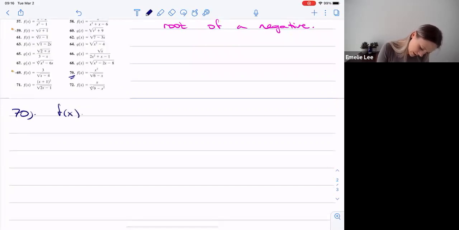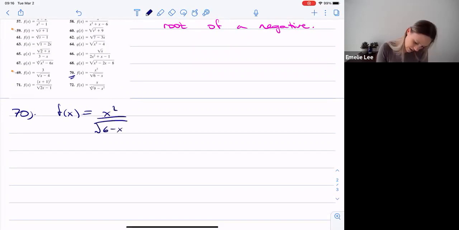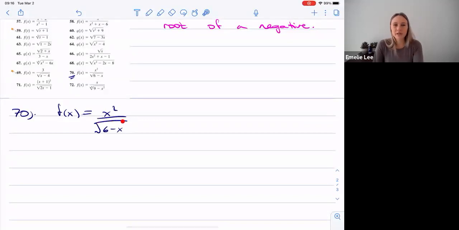So I have f of x is x squared over the root of 6 minus x. So I have division, and I have a square root. So I need to make sure that I'm not dividing by 0, and I can't take the root of a negative number.